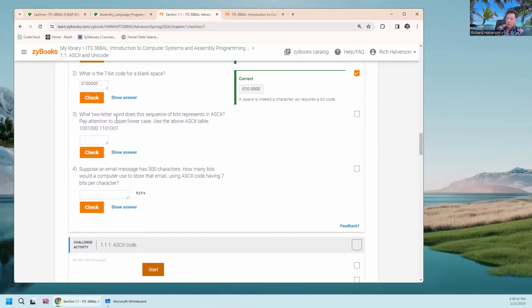And what 2-letter word does the sequence of bits here represent in ASCII? Pay attention to upper and lowercase.